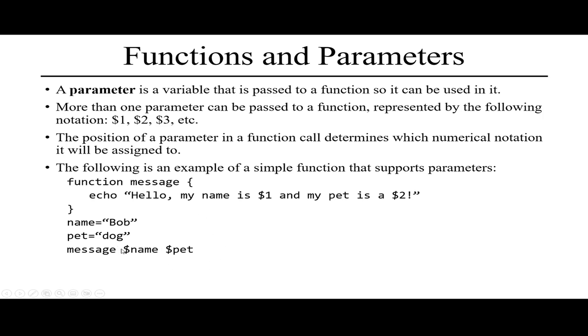Right after that, we give the function the name variable and then the pet variable. We give the name variable first and the pet variable second because $1 is going to try to grab a person's name. It's going to be the first variable that is fed to the function, and then the type of pet is the second value fed to the function.